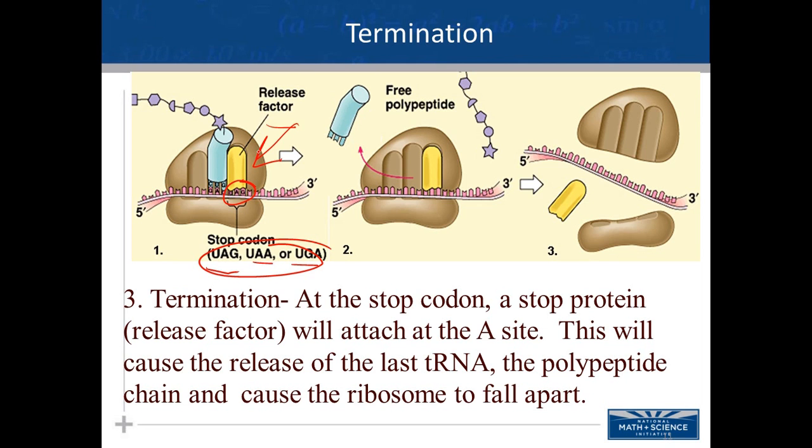When that happens, it causes the release of that last transfer RNA. And when that happens, it also disengages from that polypeptide that's being made. And so now the ribosome will come apart and release that messenger RNA. That messenger RNA can be translated again and another protein can be made.